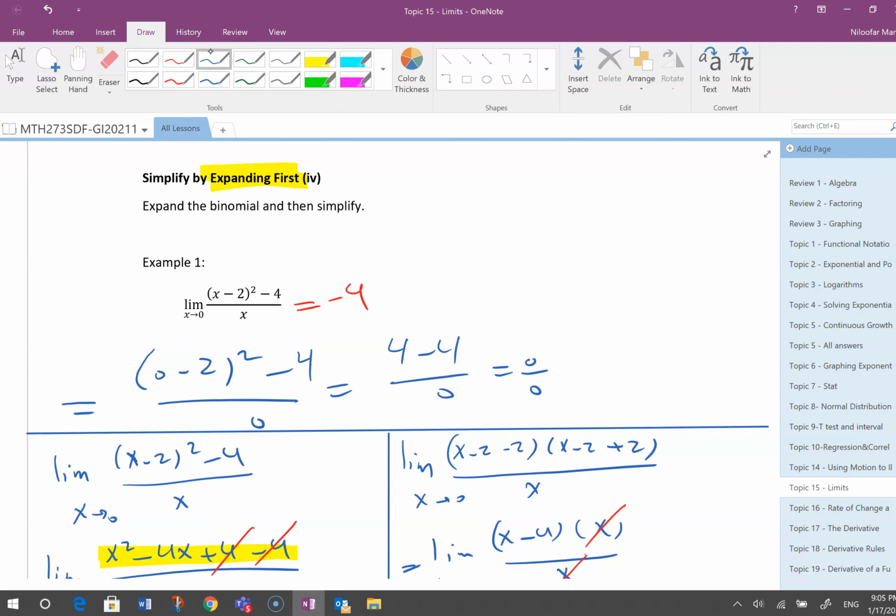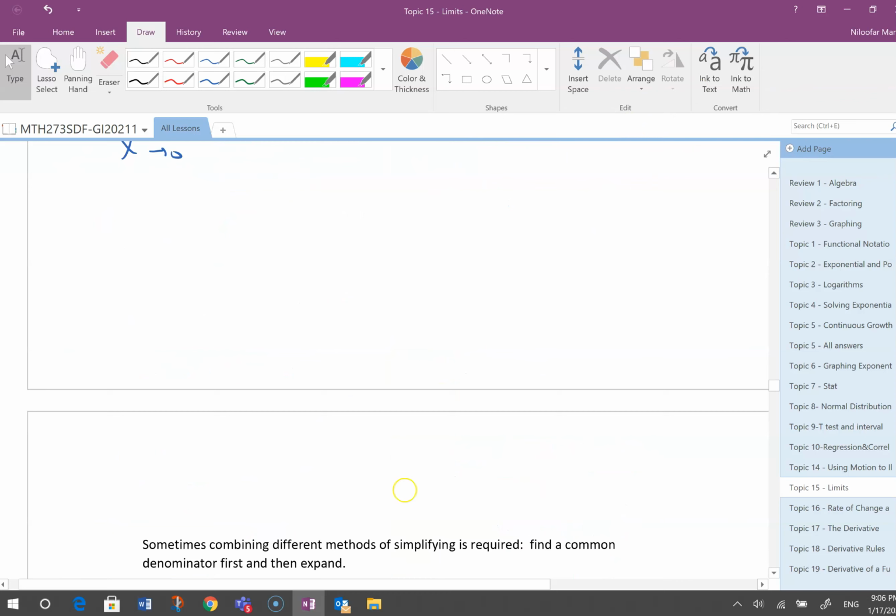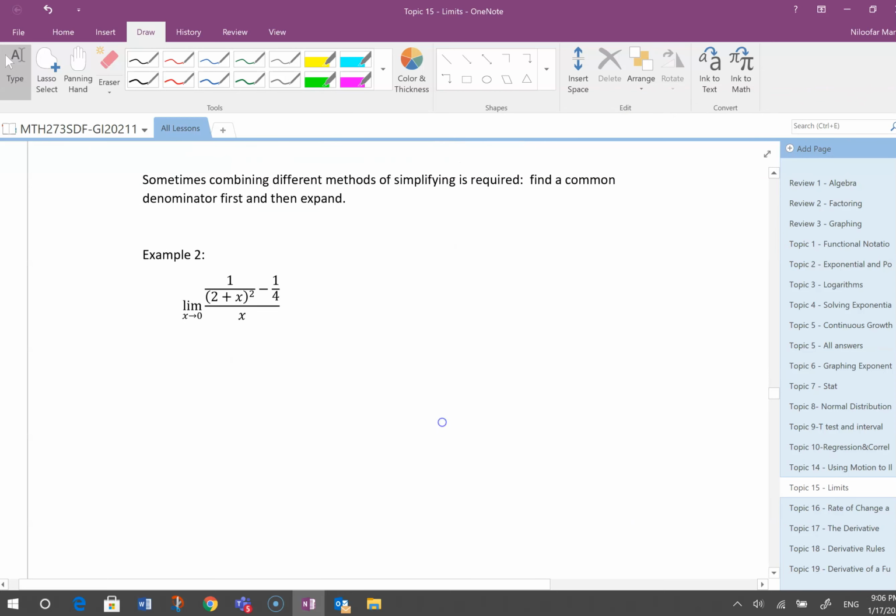You substitute, and when you simplify it, maybe use difference of squares, maybe factor, then you can remove the problem. How about here? For this question, I need to simplify, I need a common denominator, I need to expand, I need all of them. Doesn't matter, I can do it.